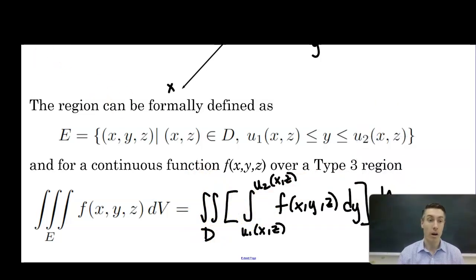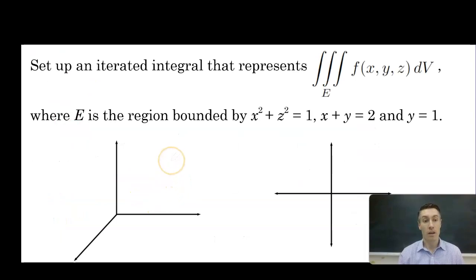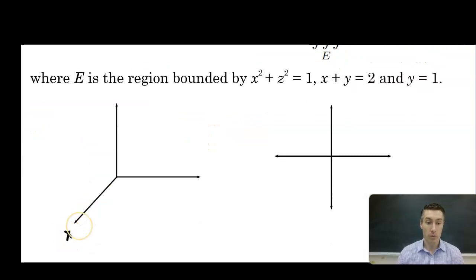So looking at an example of this case, same triple integral that we've been working with. Now E is the region bounded by x squared plus z squared equals 1, x plus y equals 2, and y equals 1. So now we have three surfaces to consider. So we have x, y, and z.